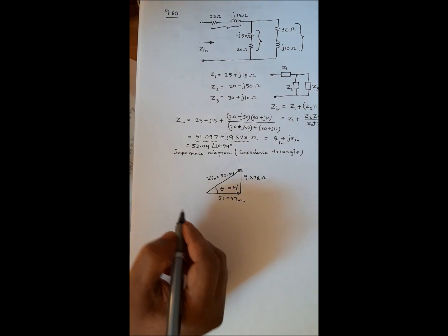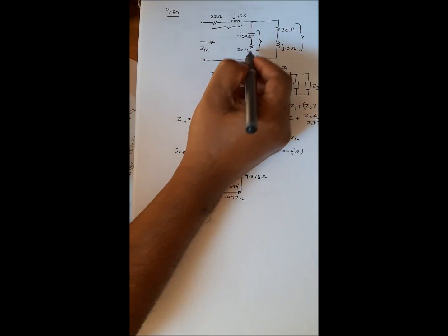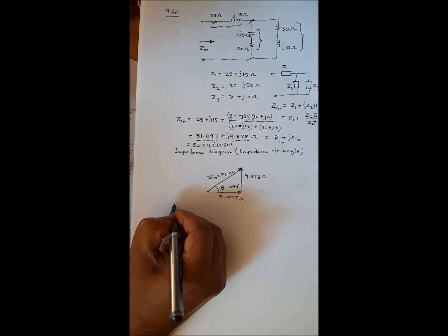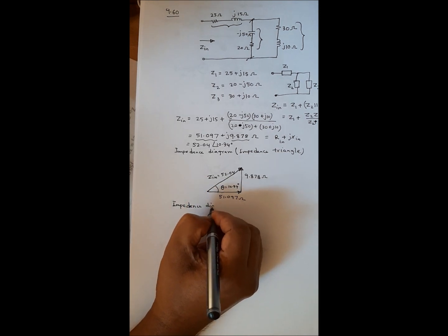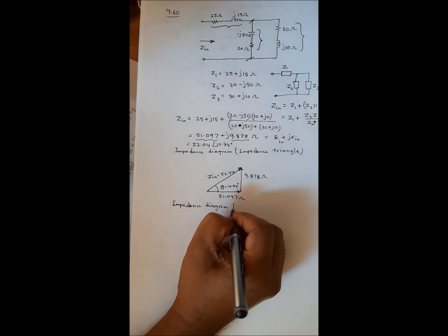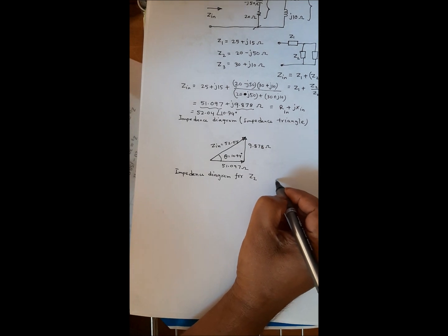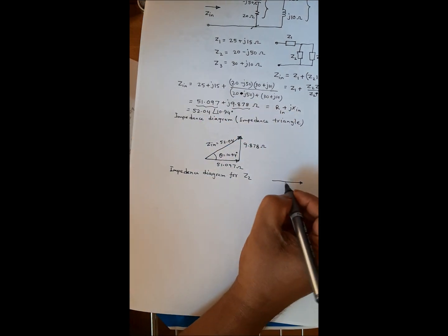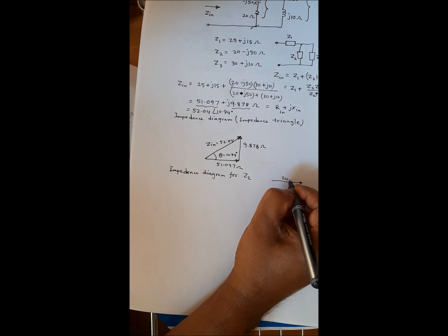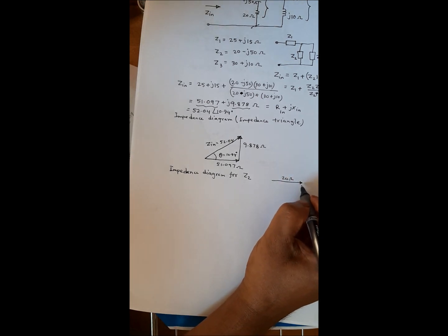And if you want to find the impedance diagram for this branch, for Z2, you'll see the resistive value is 20 on the real axis. So this is 20 ohms in this way, and the capacitive value is in this direction.